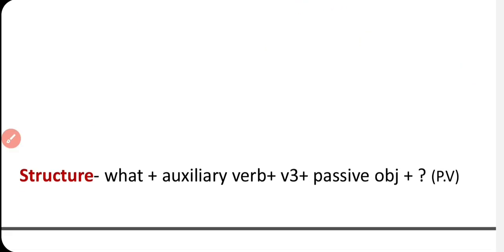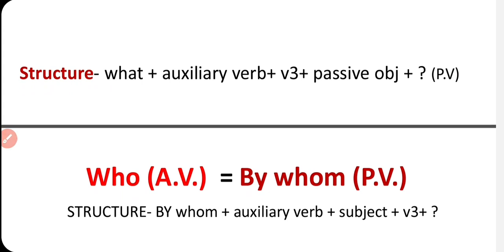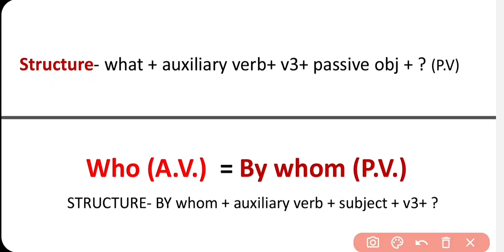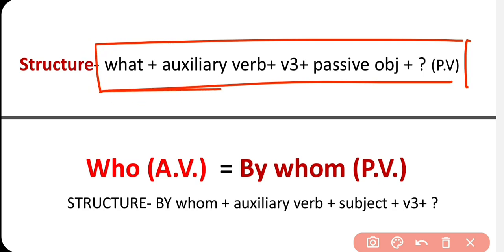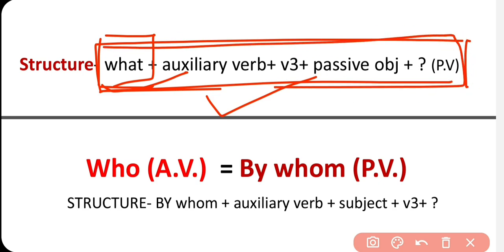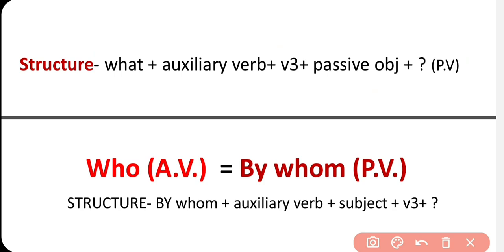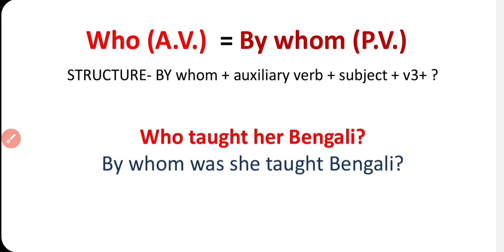So come to the next slide. Here I have given the structure of the interrogative sentence, that is, the structure of interrogative sentences containing what in the passive voice looks like this. Come to the next slide.